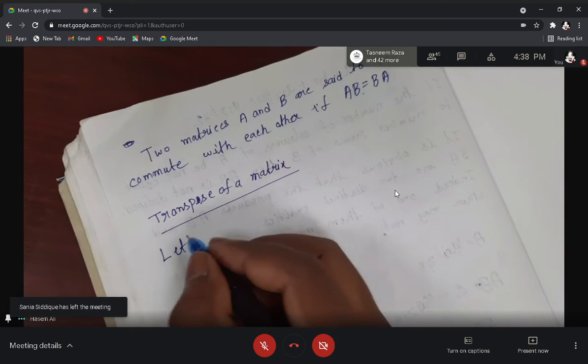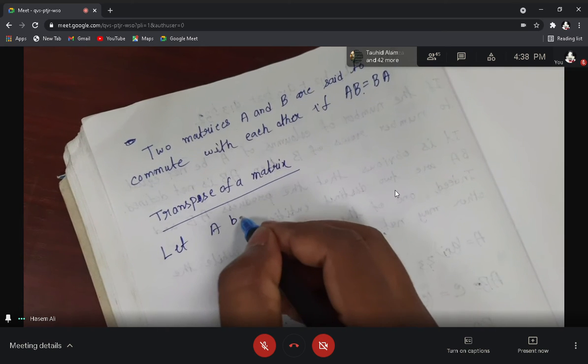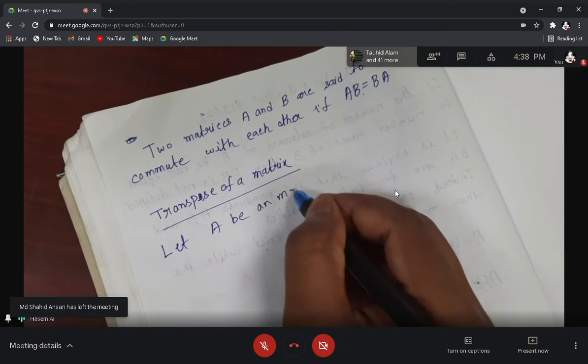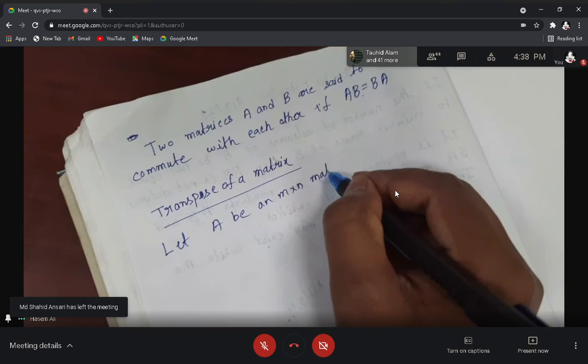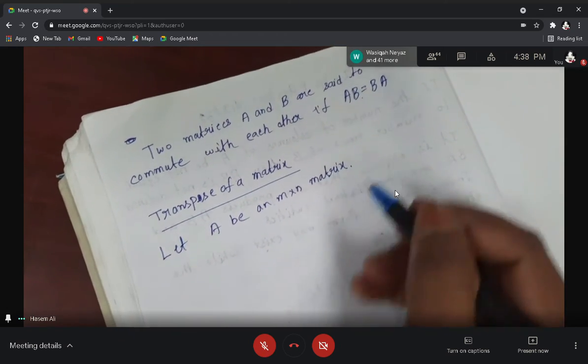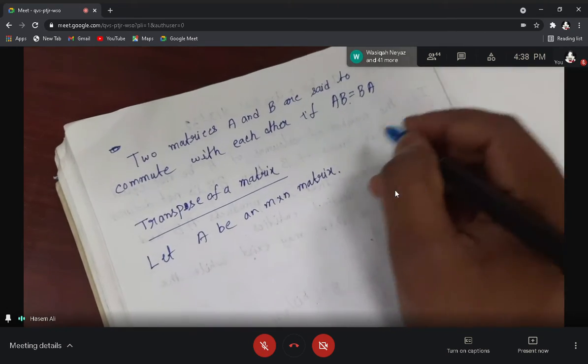Transpose of a matrix. Let A be an M by N matrix.